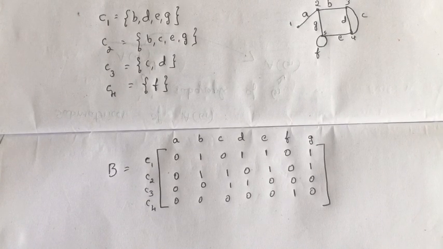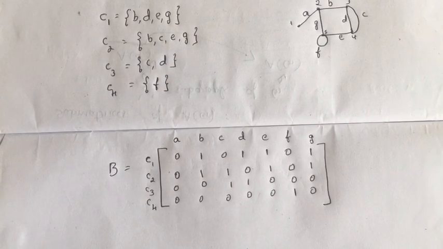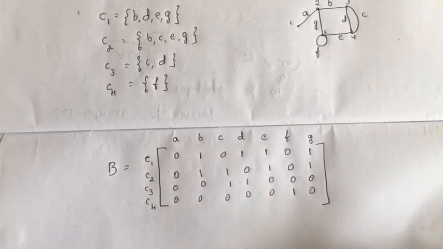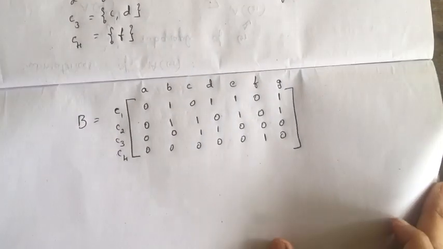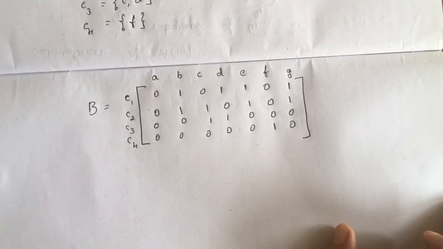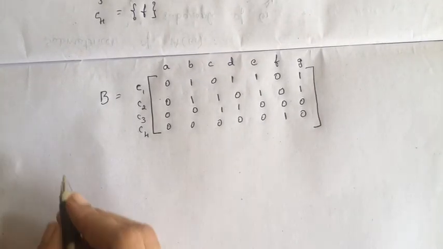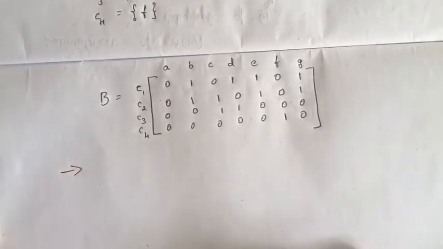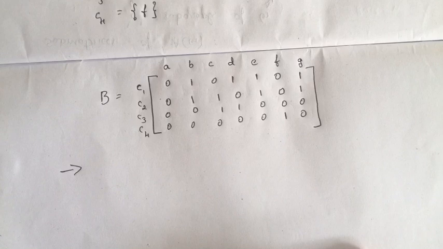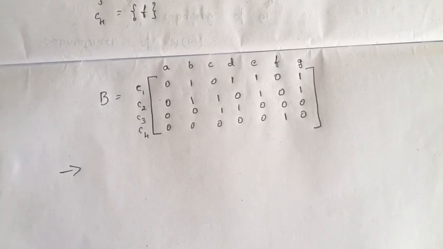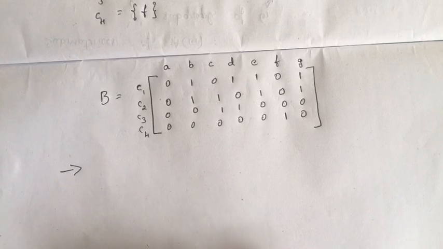From this we can observe a few things when we look at this cycle matrix or circuit matrix. These are the observations which can be made about the circuit matrix. First one is a column of all zeros corresponds to a non-circuit edge, means that edge is not included in any circuit.